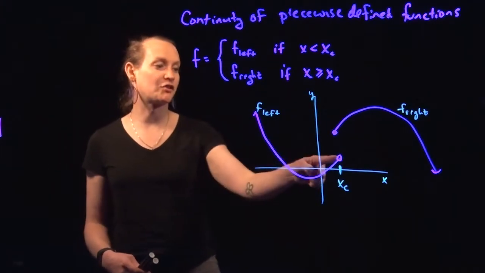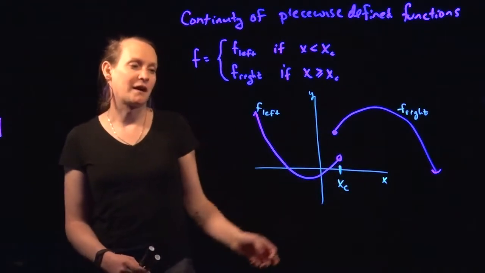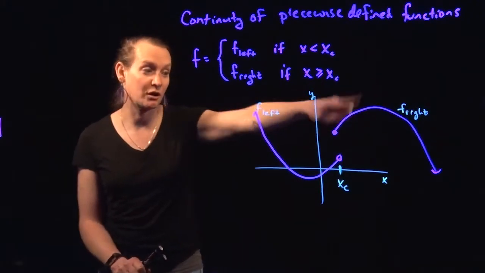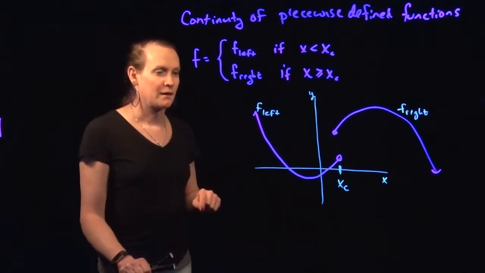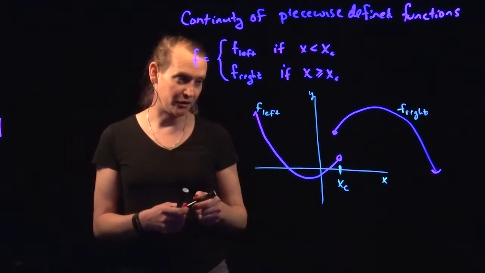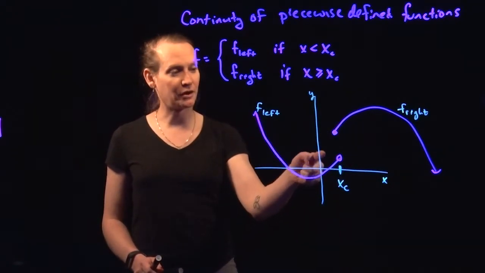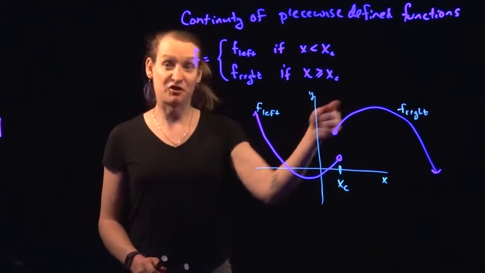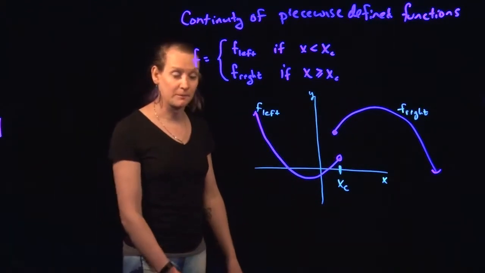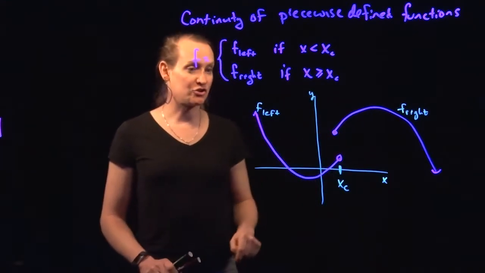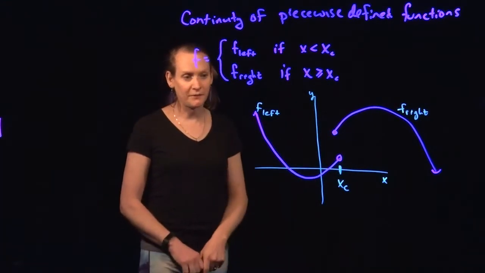No, there's no way I can just fill in the hole and achieve a continuity of this thing so that I could just draw it with one marker stroke. In fact, this is a jump discontinuity, and because there's a jump, if a grasshopper was walking along here, in order to get over here, it'd have to jump from one branch to the other. So there's a jump discontinuity in this function f, this piecewise-defined function f.